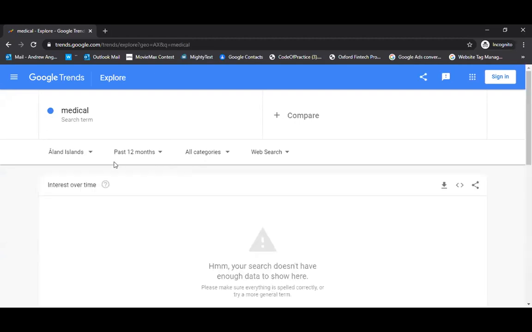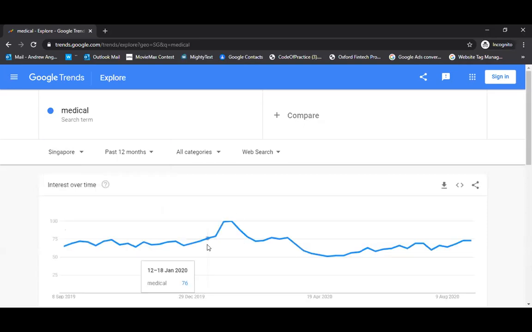Just now when I clicked Singapore, sometimes it doesn't work. Okay, for example, medical: how much is the popularity of this keyword on Google itself? Then you need to compare with another keyword, because you could be buying a domain called medical.com.sg, and then you want to compare another word, for example, recovery.